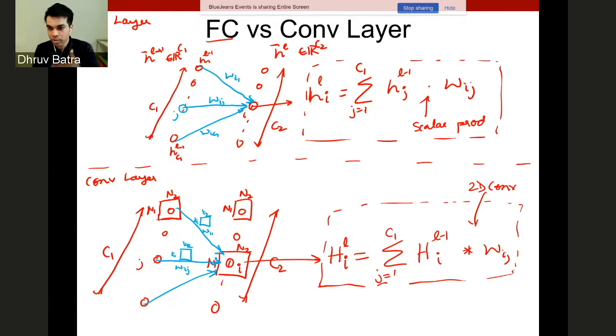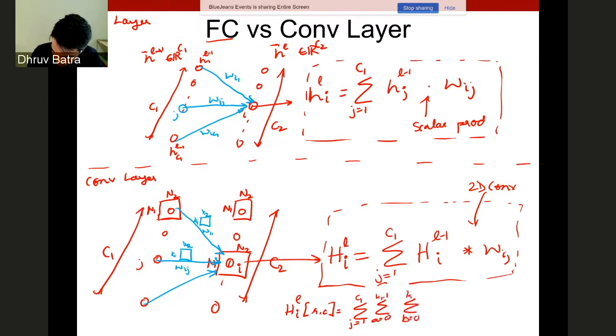And if you want to write down the full expression, H^L_i is a matrix, and the R comma C entry in that has a summation over j, a summation over a, a summation over b, which are the spatial summations that we've been doing, and it's H^(L-1)_j at R plus a, C plus b, times W_ij at a, b.